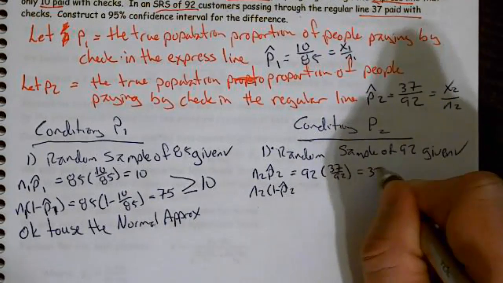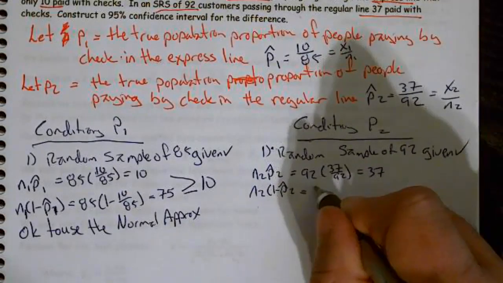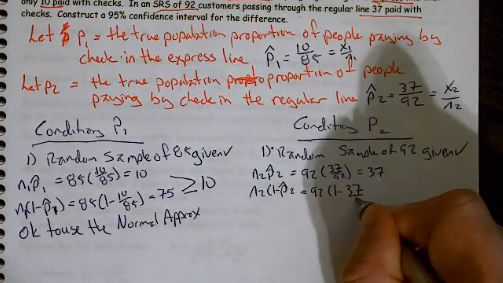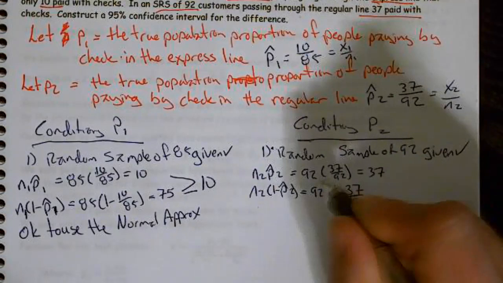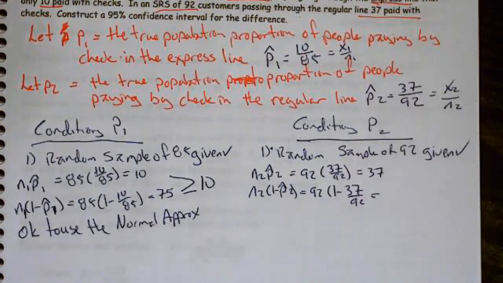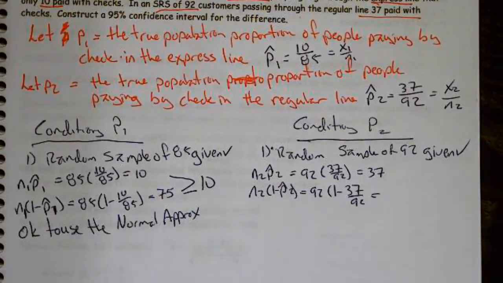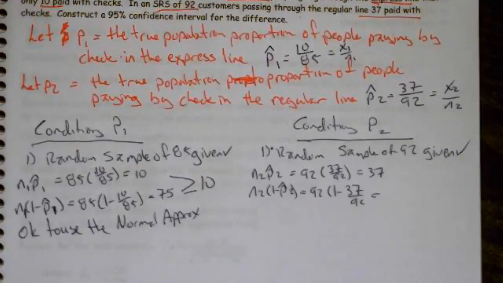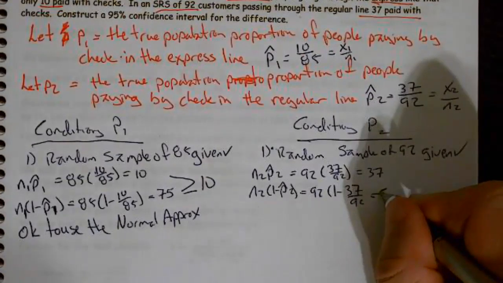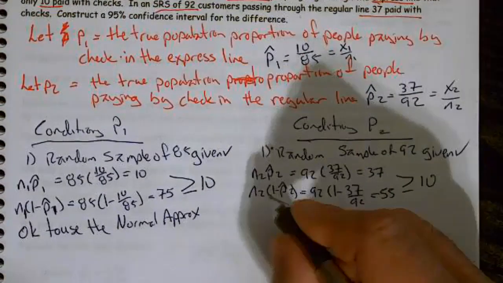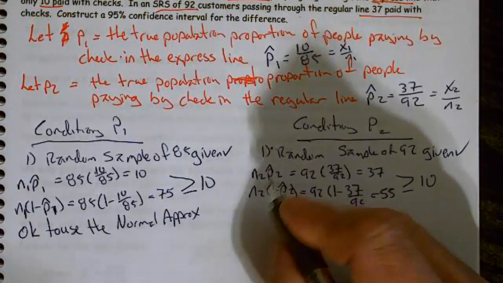Well, that's 37. And 92 times 1 minus 37 over 92. So 92 minus 37, 55. Once again, we have to be greater than or equal to 10, which we are. So okay to use the normal approx.